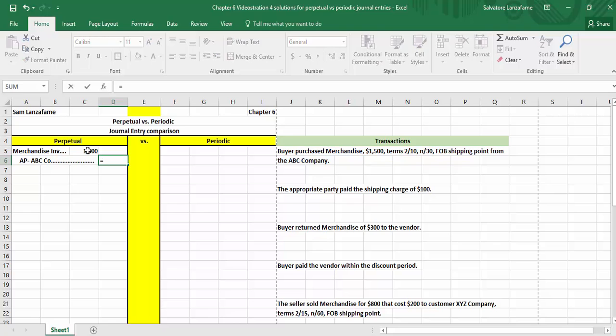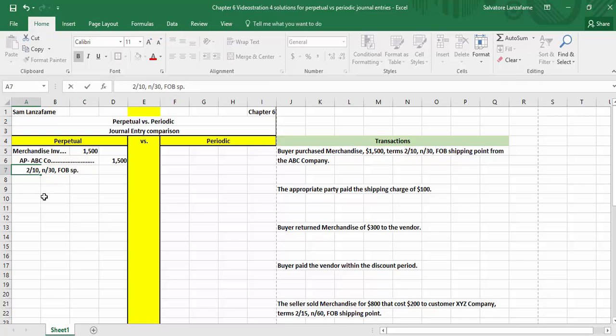Remember, your debits always have to equal your credits. Never an exception to that rule. Okay. You may want to also include the explanation underneath here. For example, you may want to put the 2/10 net 30 because you could be buying from other companies and other companies could be giving you different types of terms. So it's important to put that in there as well as the FOB shipping point.